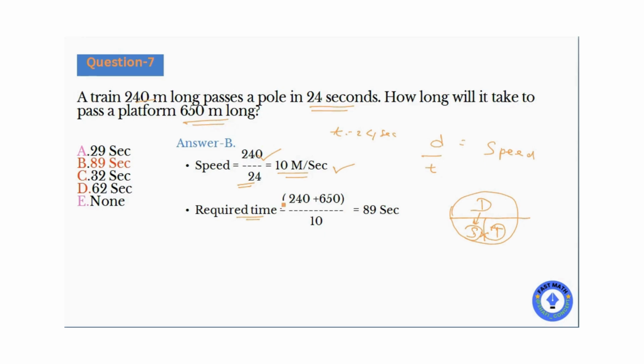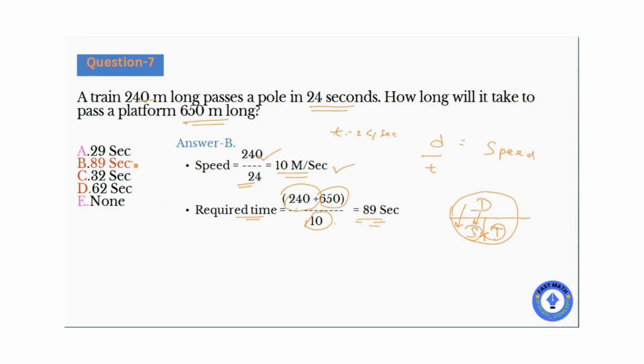That means the total length is derived by adding the length of the train and the length of the platform, 240 plus 650, divided by the speed of the train. Using the formula distance by speed, we get the time. That is 240 plus 650 divided by 10, so you get 89 seconds to cross the platform.